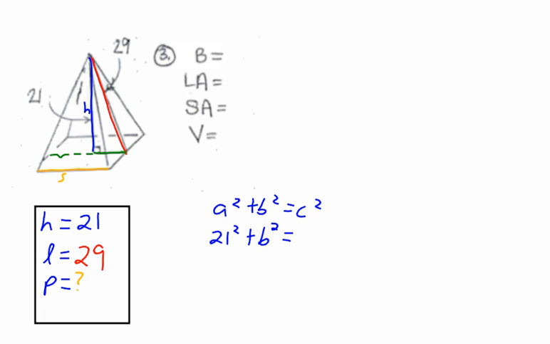And C is my slant height, so that will be 29 squared. If I calculate these, 21 squared is 441, plus b squared is equal to 29 squared, which is 841.